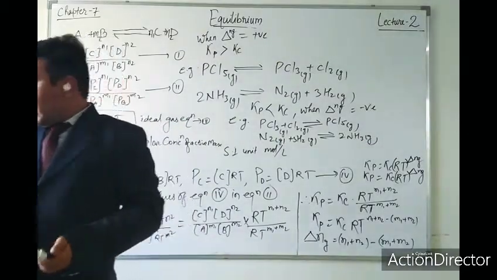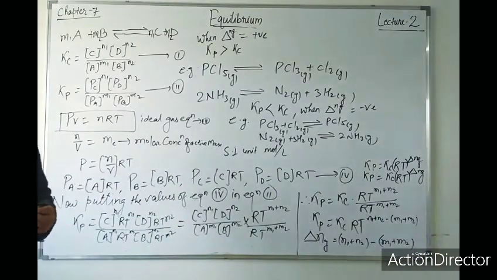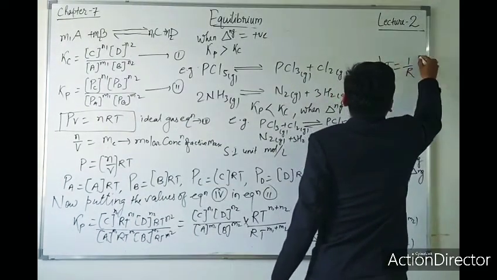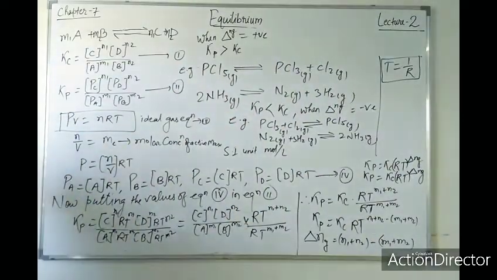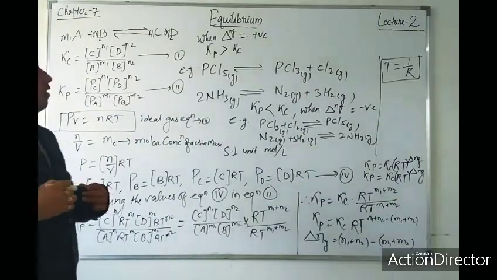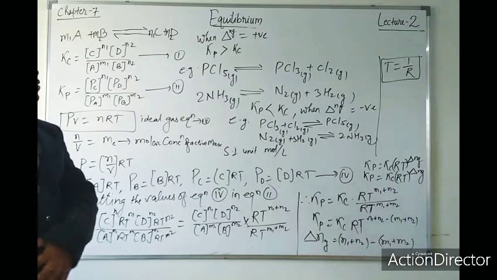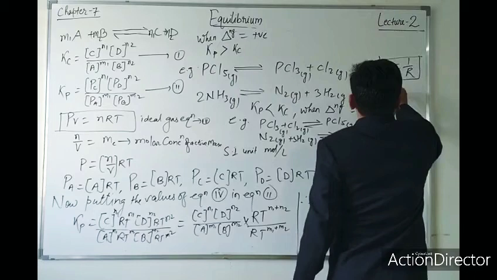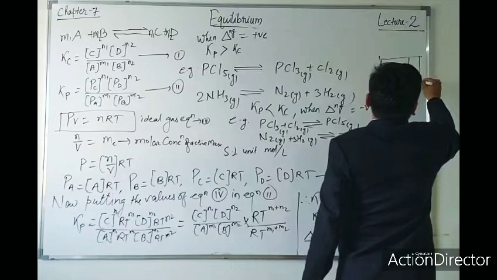Now the special point: if anybody asks you, sir, what will be the value of temperature here? Remember, at a special point, T will be 1 by R. Now here if I talk about Kp and Kc, instead of nRT, you know very well, Kp is equal to Kc (RT) to the power delta Ng.